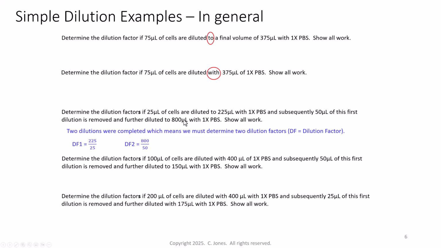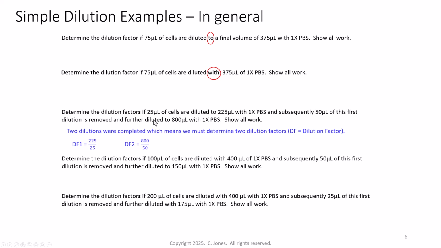Again, we have "to" 800 microliters, so since we diluted this to 800 microliters, it's going to be 800 divided by 50, and that means that we had to take this 50 microliters and mix it with 750 microliters to get our 800 microliter final volume.